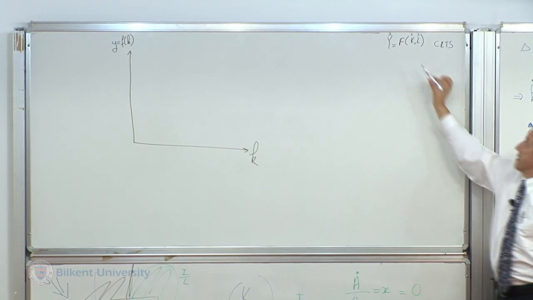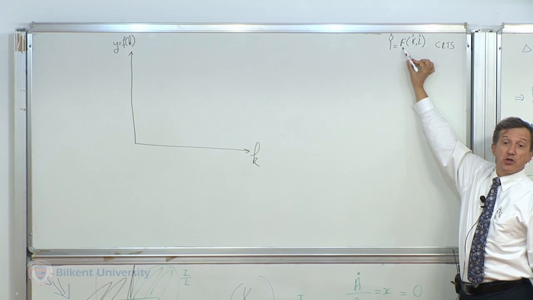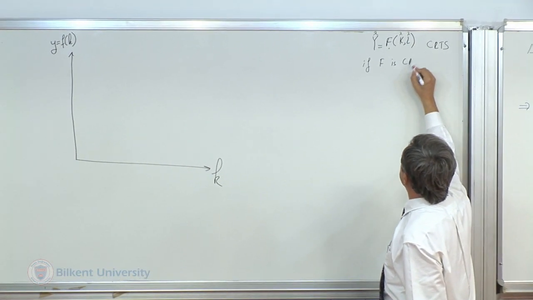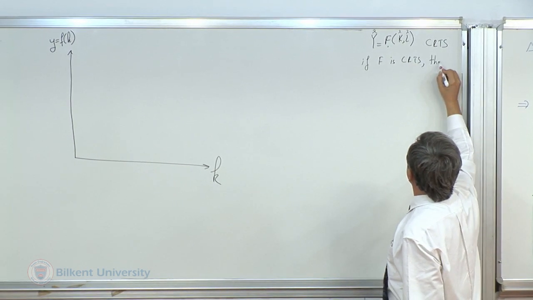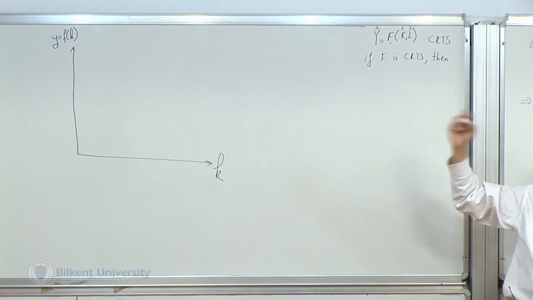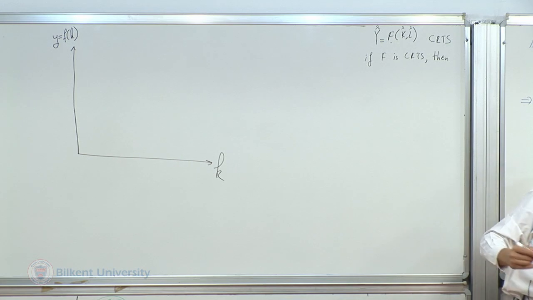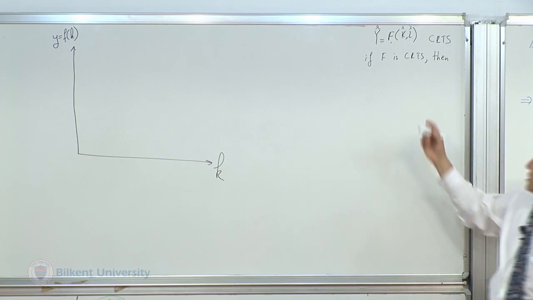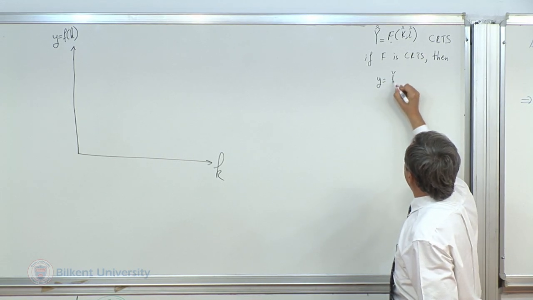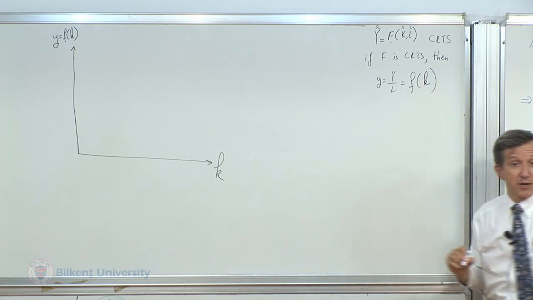If this function F is constant returns to scale, then there's a sufficient condition: output per labor is a function of the capital labor ratio.